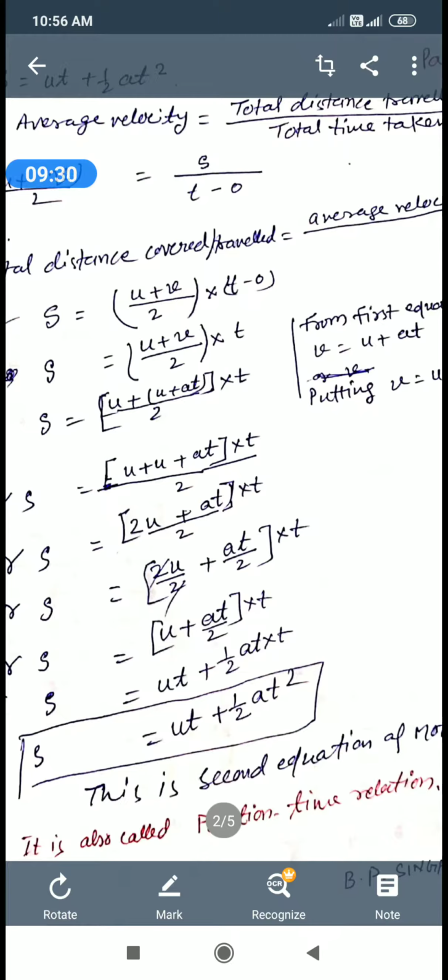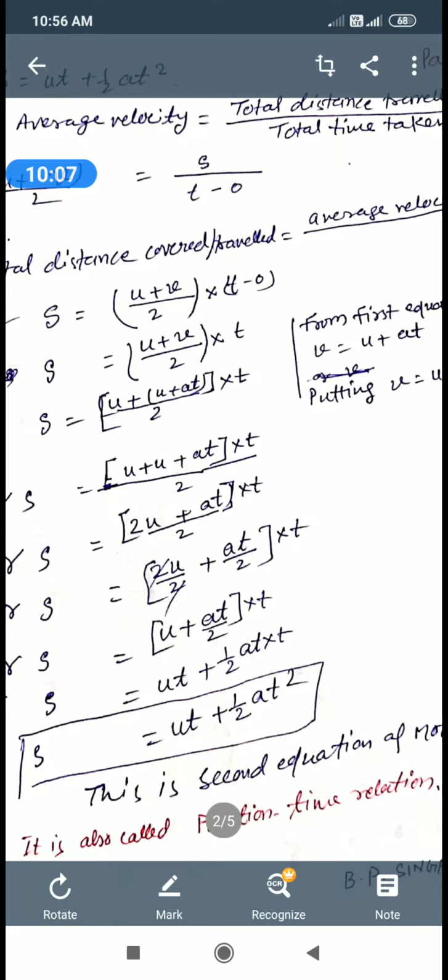On solving the equation, we obtain v square minus u square is equal to 2as, or v square is equal to 2as plus u square. Finally, v square is equal to u square plus 2as. The equation is derived. This is the third equation of motion, and this equation is also known as position velocity relation.